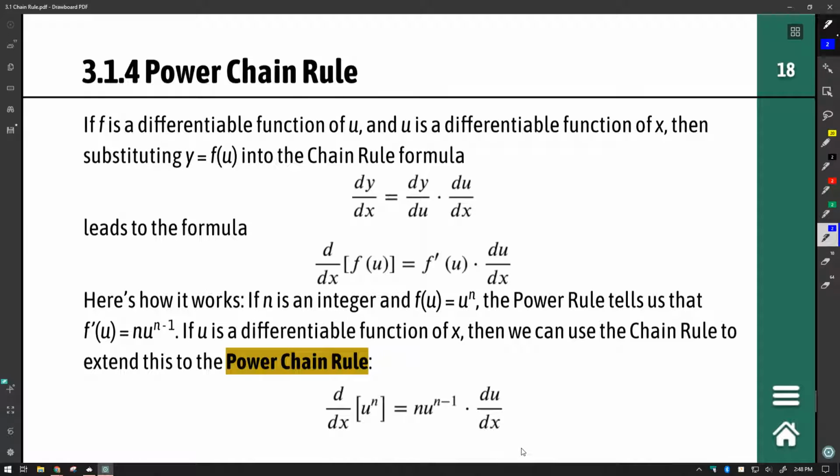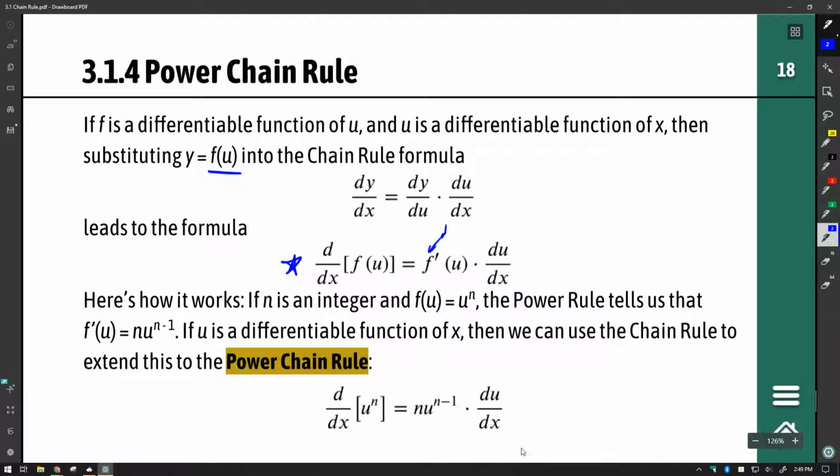It says that if u is a differentiable function of x, then we can think about the composite function f of g of x as f of u of x and replace that in the chain rule formula. So where we end up with something like this: the derivative with respect to x of the function f of u is equal to f prime of u times du dx.